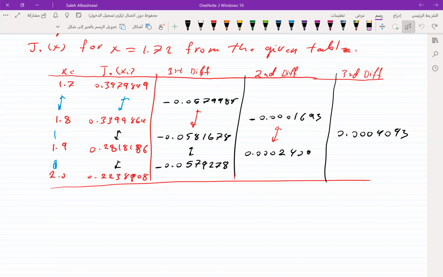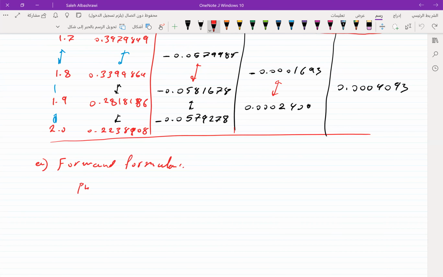If we apply the forward formula, it is P_n of x equal to f_0 plus r delta f_0 plus r times r minus 1 delta squared f_0 divided by 2 factorial, and keep going in this way.